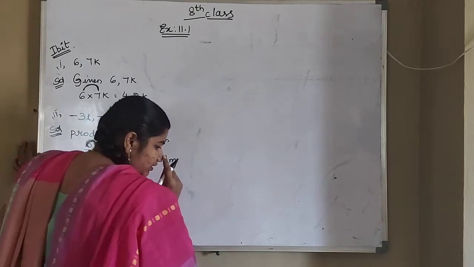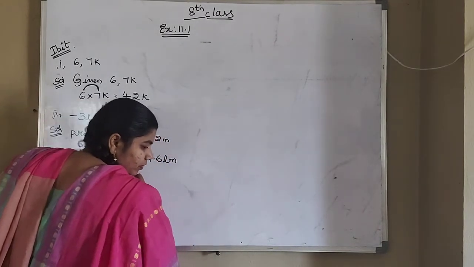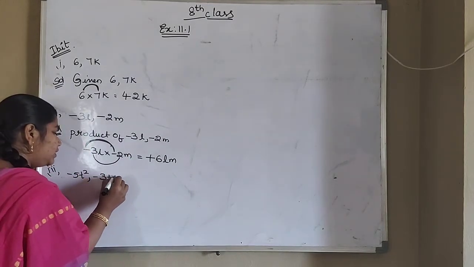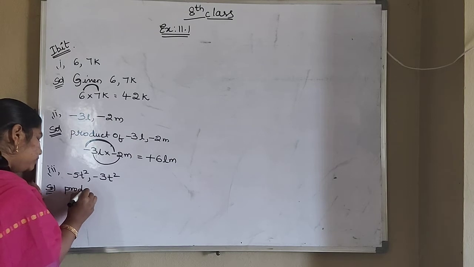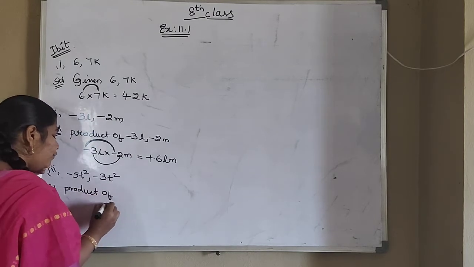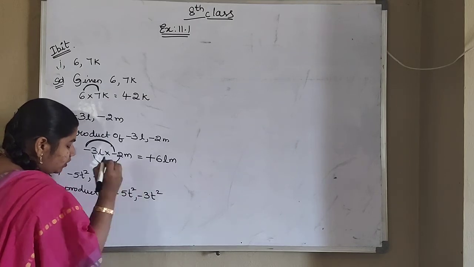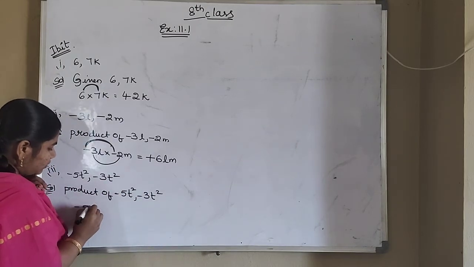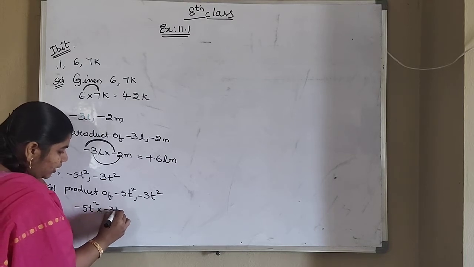Next, the third one is minus 5t square, minus 3t square. So how to find this? The product of minus 5t square and minus 3t square: multiply the terms. Minus 5t square into minus 3t square.